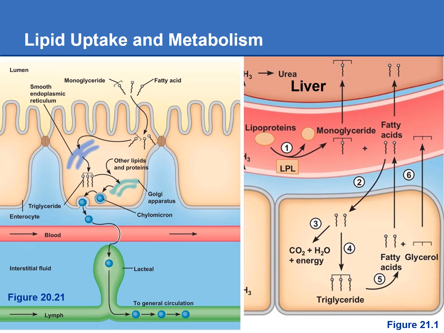And then if we move over to the figure 21.1 next door, now we've got the chylomicrons traveling through the blood, and they're going to be taking these lipids to the liver and then also to other body cells.